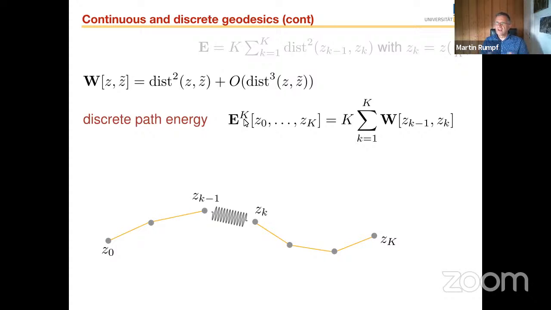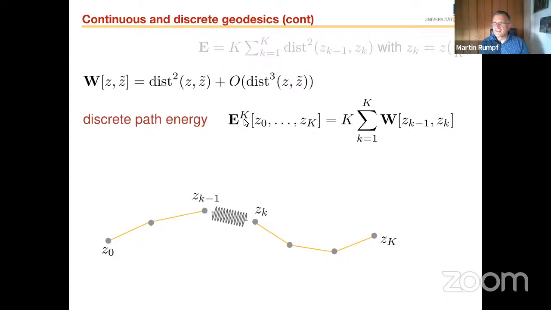And the picture you should have, if we think of an embedded surface in R3, then if we think of classical geometry on that surface, this W could be just the squared embedded distance, just the distance between the two points Z_{k-1} and Z_k squared. And then the W is nothing else but the spring energy.